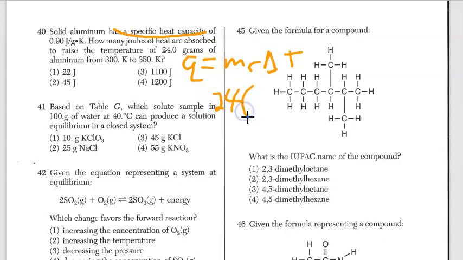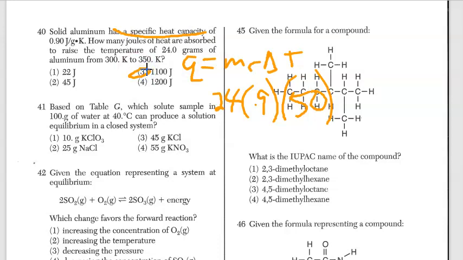We're given the constant as 0.9, and our delta T is 350 minus 300, or 50. All you're going to do, of course, is multiply these together. So 24 times 0.9 times 50, and we get an answer, rounding to 2 sig figs, of 1100, which is choice 3.